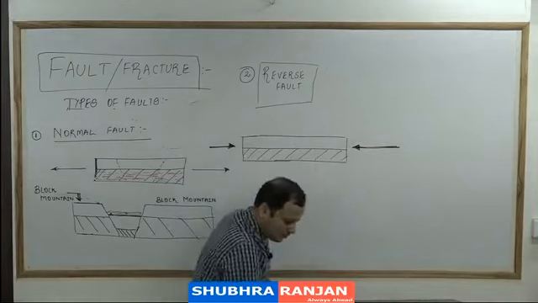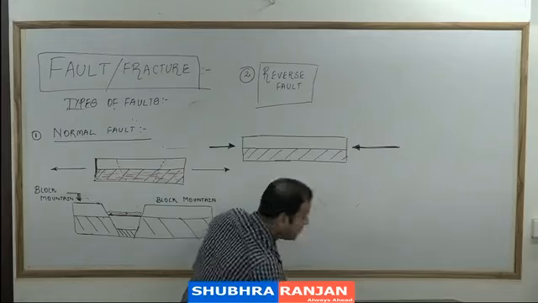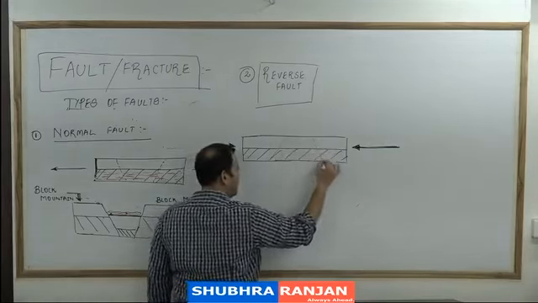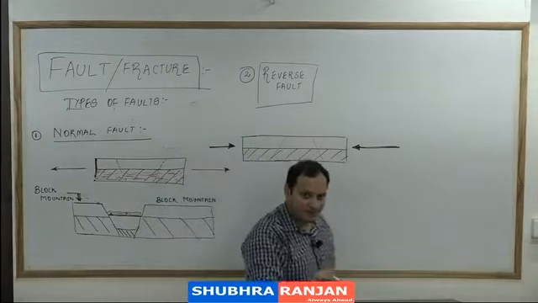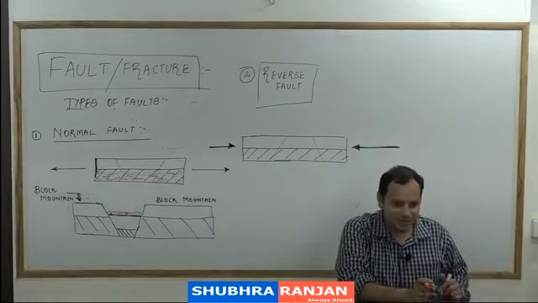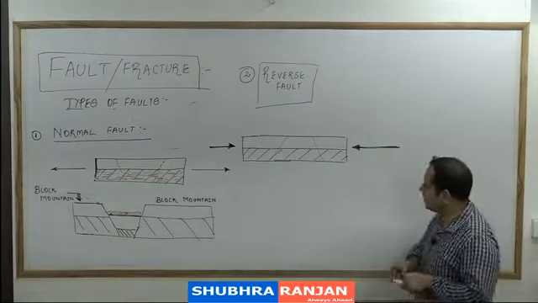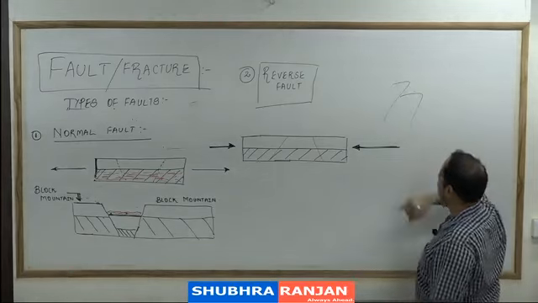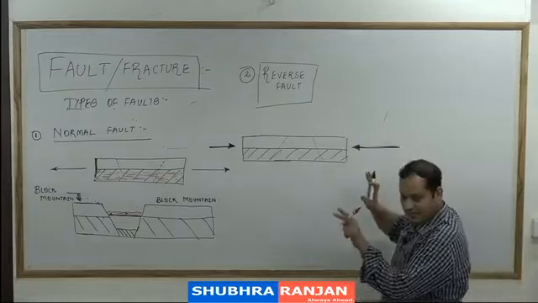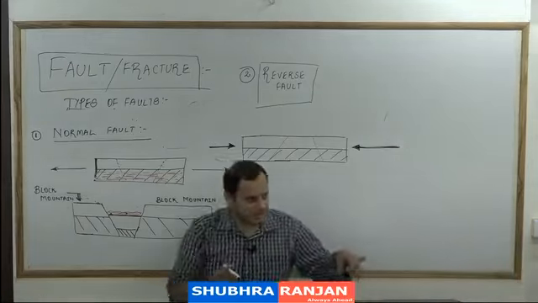And because of the compressional force, again there may be a fracture. See, these diagrams have to be made. It is not necessary that in the world it happens like this, but this is how a standardization is there for the diagrams. Otherwise, if there is no standardization, you will draw anything in the exam and call it a fault too. So you have to show it by the standard diagrams, the proper accepted diagrams.